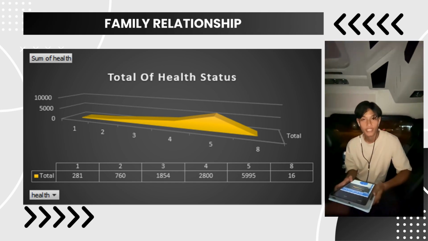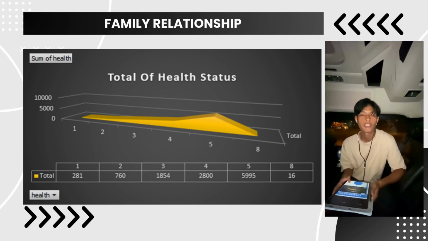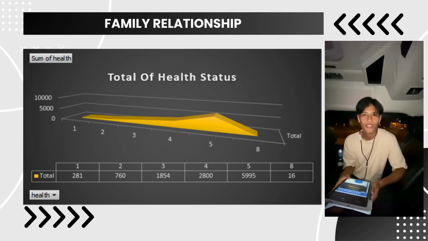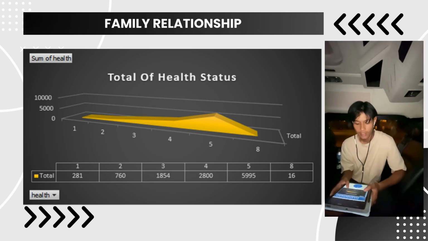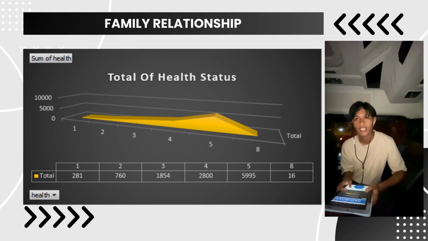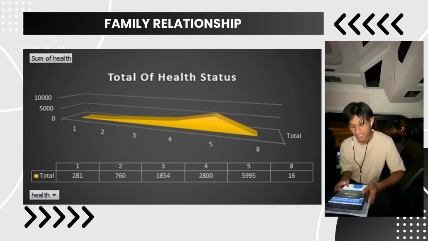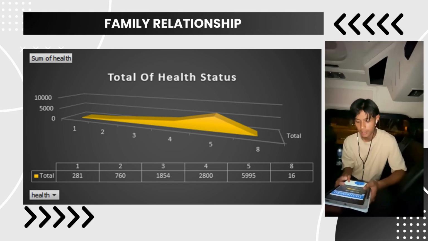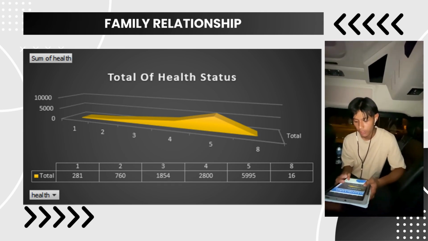For the last dashboard, we represent the health status of students that have alcohol consumption. The lowest one, we got 281 students. The low, we got 760, and the regular we got 1,854.